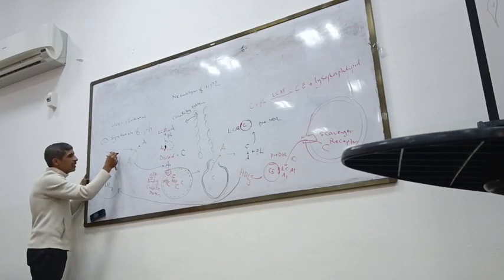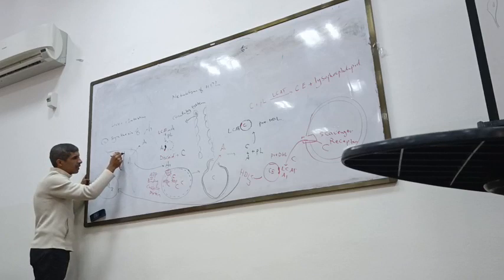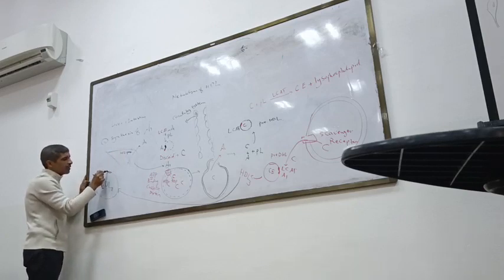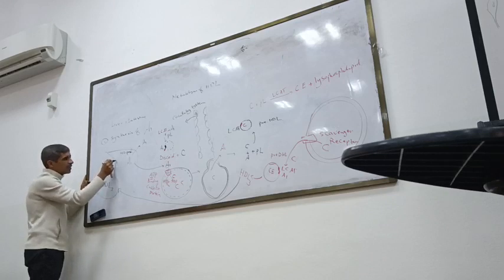In the liver, there is hepatic lipase, and hepatic lipase works as a ligand between hepatocytes and A1. This is A1.